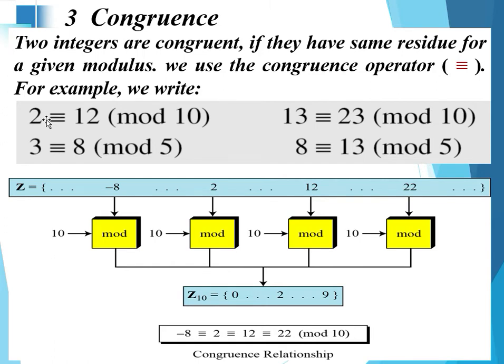In the first example, we will see that 2 is congruent to 12 mod 10.